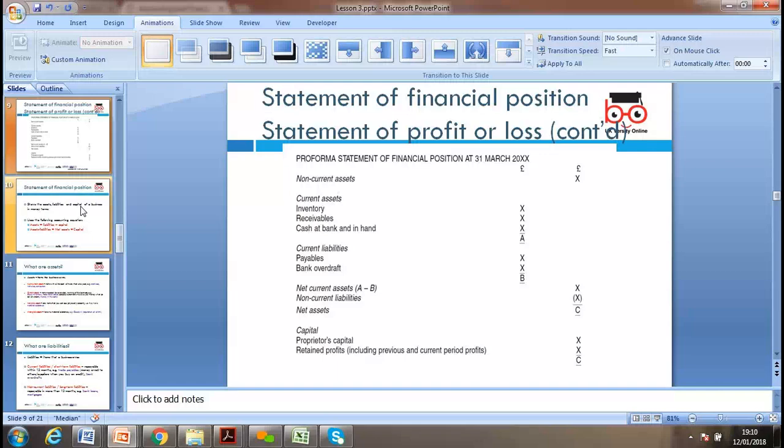If we take total assets minus liabilities, we get net assets, and net assets are always equal to the capital. Capital is the investment of the owner of the business, or, like in a company, the share capital. The retained profit of the year we always add under the capital, and always our debit side is equal to the credit side. Net assets are on the debit side, and the capital is on the credit side.